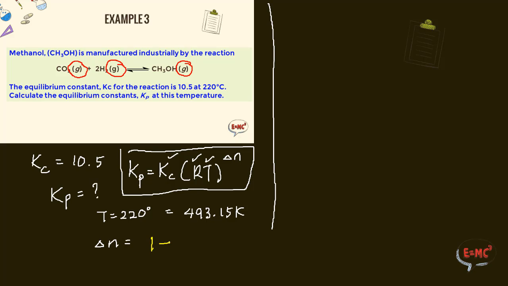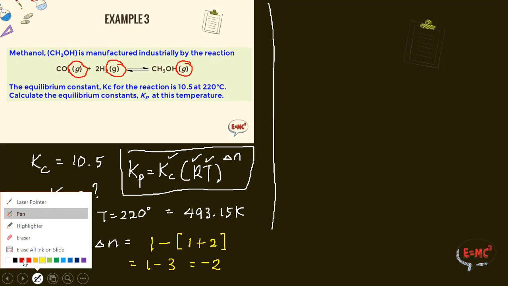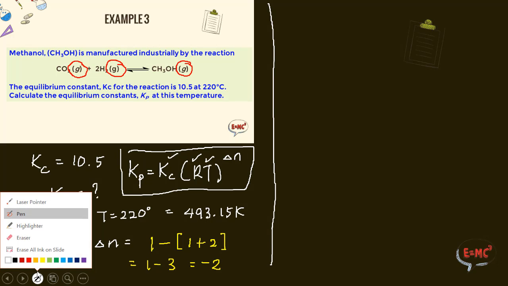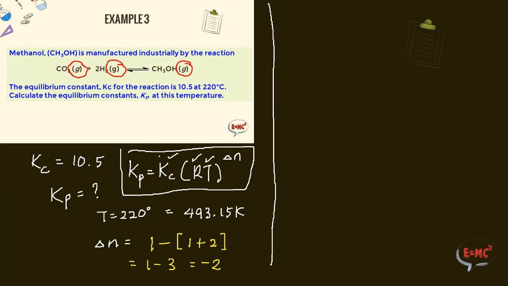So 1. Okay, tengok bahagian reactants in the balance chemical equation. Mole carbon dioxide tu 1, mole hydrogen gas 2. Jadi kat situ maksudnya 1 tambah 2. So 1 minus 3. So delta N is equals to negative 2. Okay. Itu cara kira delta N.